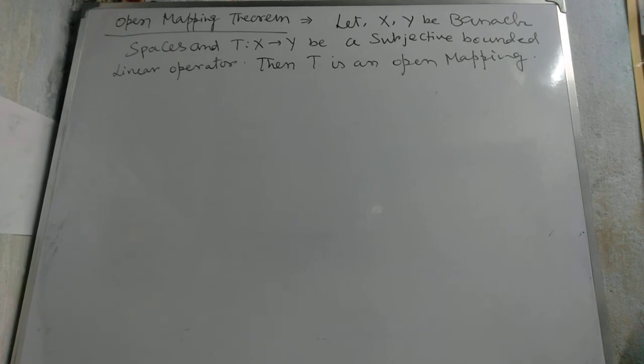We also see today this lemma. This lemma is satisfying those conditions of the open mapping theorem, and the lemma says that the image of any open ball of X is contained in an image set of an open ball.